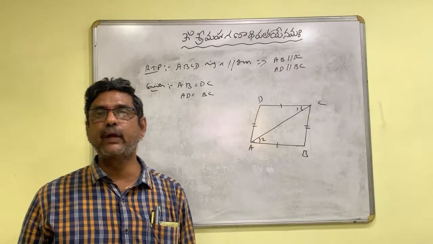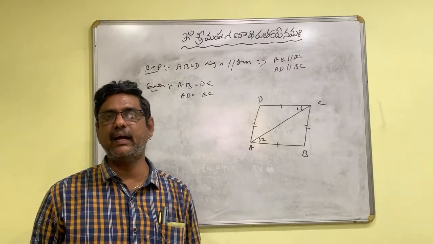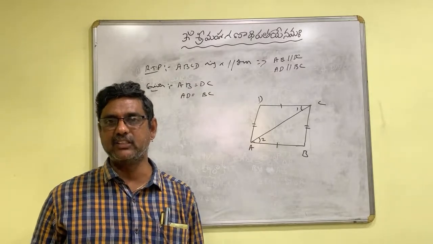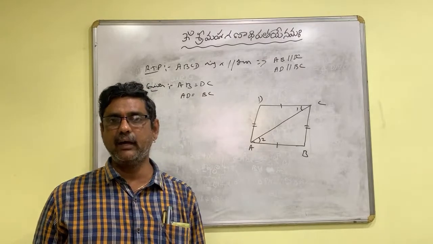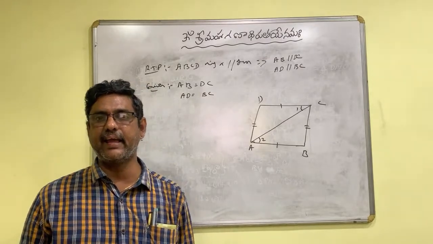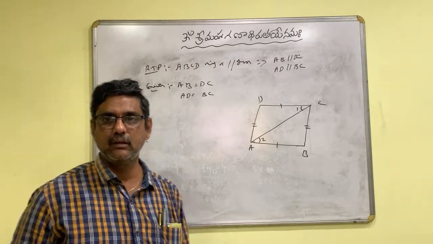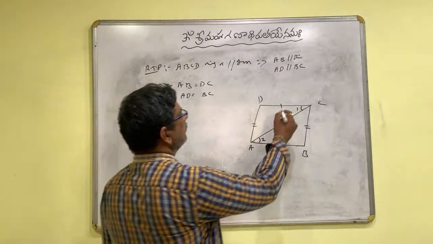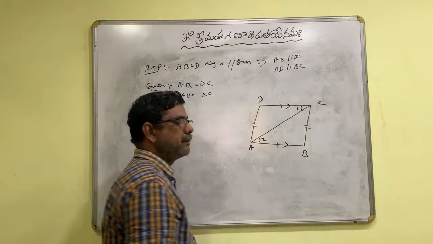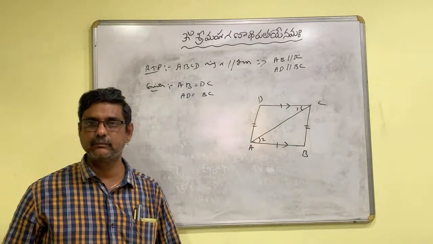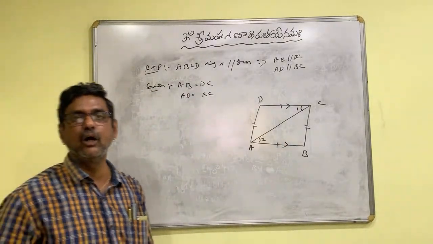And you can see that angle 1 and angle 2 are alternate interior angles, and AC is the transversal. So automatically AB parallel to DC.